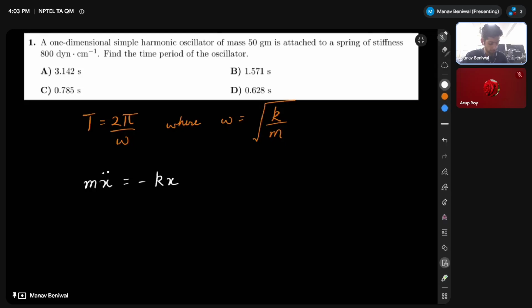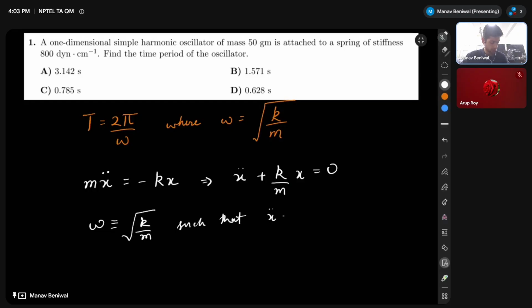And we can write it as this thing, and then we can define omega to be under root k over m, such that this equation becomes something like this.